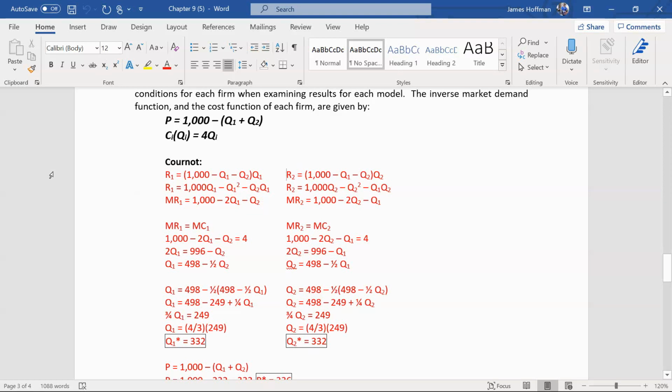Its revenue is price times its quantity, which is 1,000 minus Q1 minus Q2 times Q2. Distribute the Q2, we get 1,000 Q2 minus Q2 squared minus Q1 Q2, and then if you differentiate R2 with respect to Q2, you get MR2, which is 1,000 minus 2Q2 minus Q1. So you should see the symmetry in the MR functions for the Cournot oligopolists.